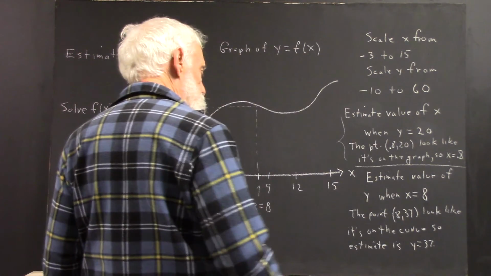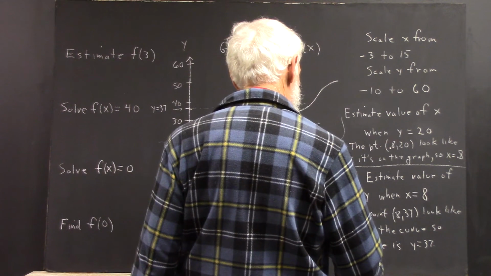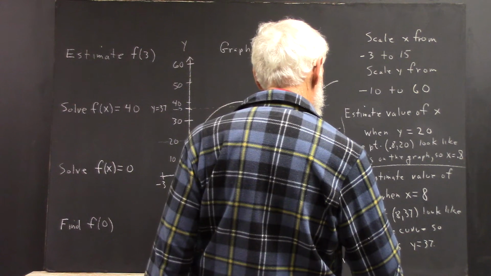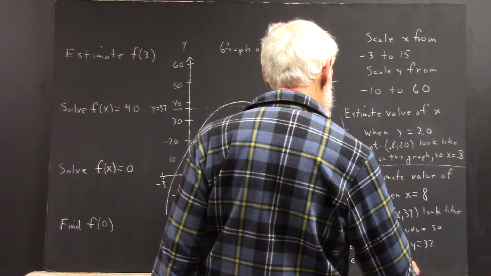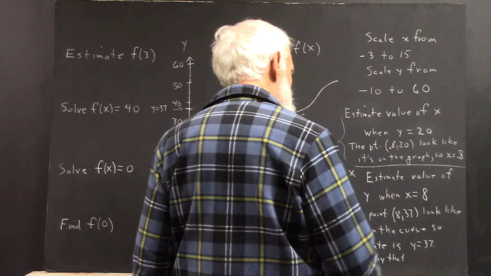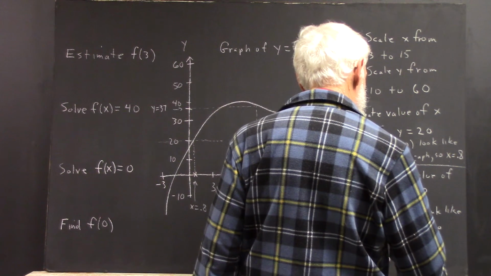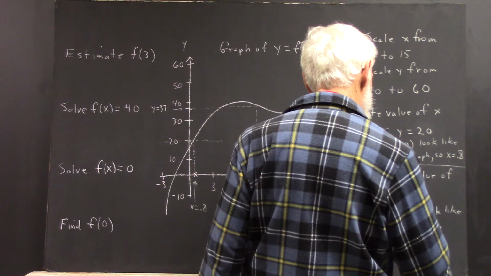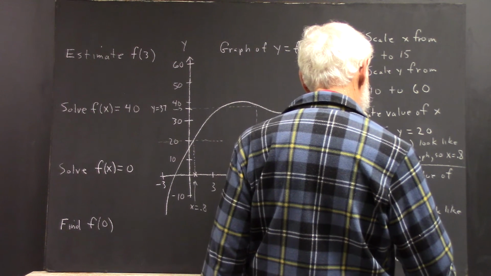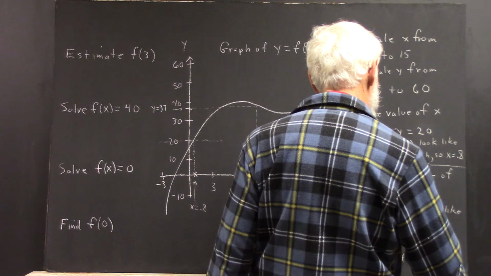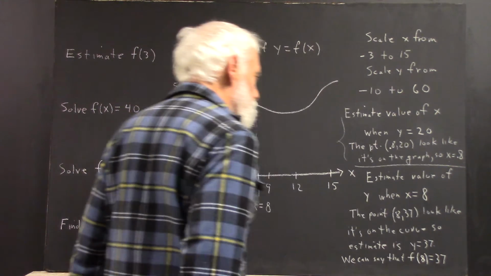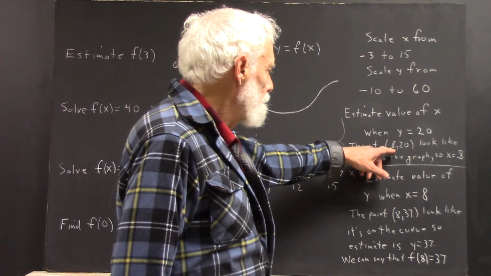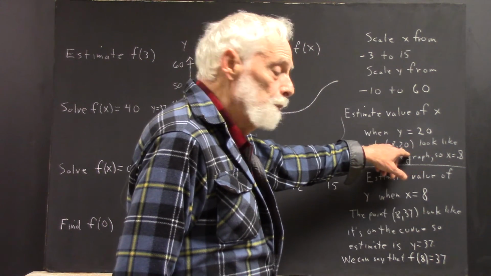Now there's something we can say here. We can say that f of 8 equals 37. And up here, we could say that f of 0.8 equals 20.